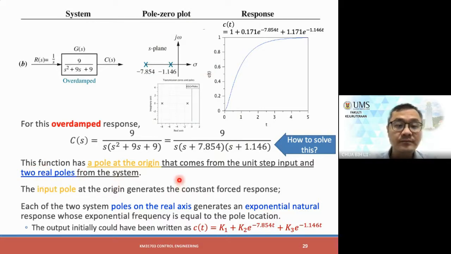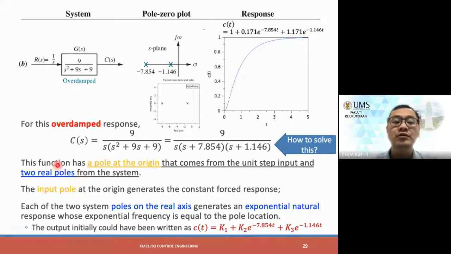This characteristic of the pole system gives us what we call an overdamped response. If we plot this out, this is the overdamped characteristic. Meaning to say, for an overdamped second order transfer function system, it will have two real poles.